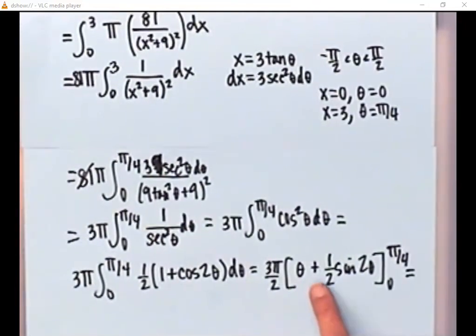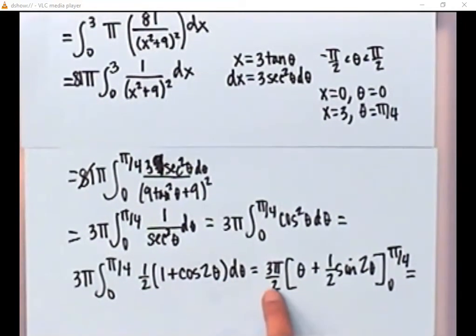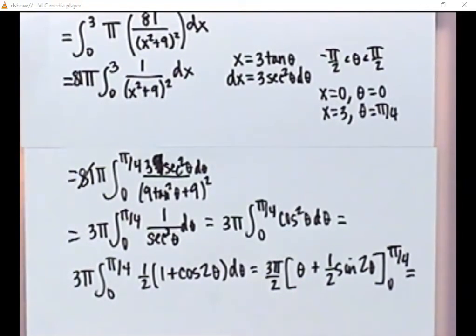Yeah, so I got a theta. I pulled out the 1/2, made it 3 pi over 2. And the integral of 1 is theta, plus 1/2 sine of 2 theta. And then plug in 0 to pi over 4. So let's see.